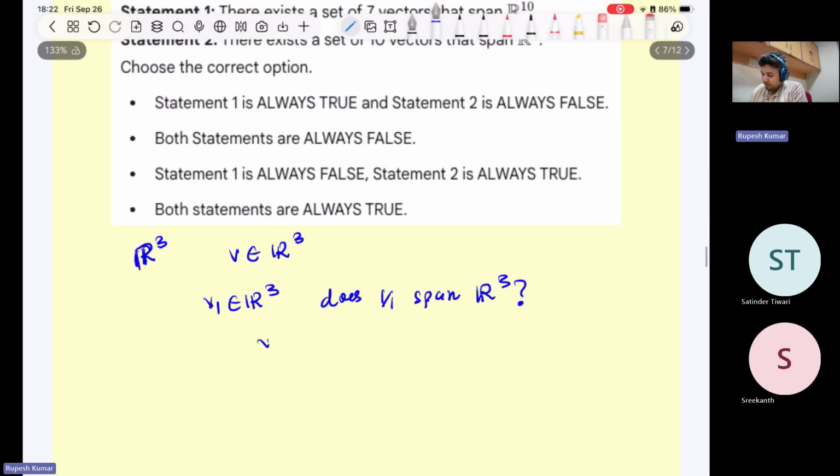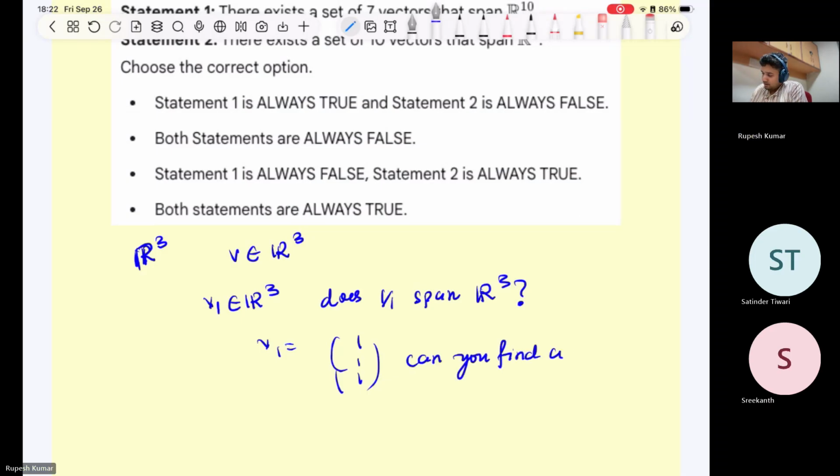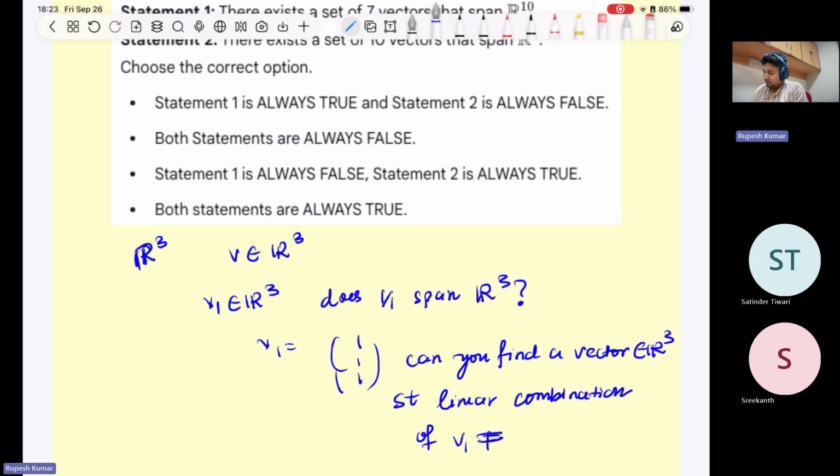Take an example. Let's say V1 is equal to 1, 1, 1. Can you find a vector in R3 such that the linear combination of V1 does not reach the vector V?